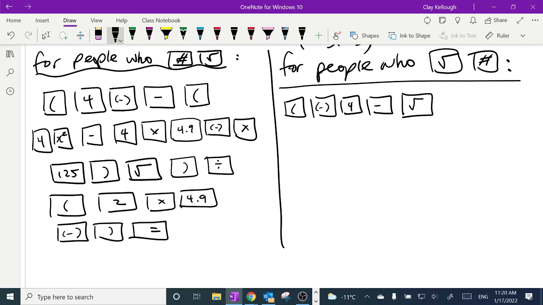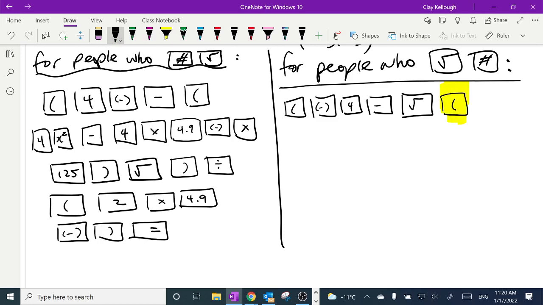When you hit a square root, does it open a bracket for you? The people who say yes have a different button punch than the people who say no. One way or the other, there needs to be a bracket here. This might be done for you, or it might be a button you have to press yourself. Either way you need a bracket there.